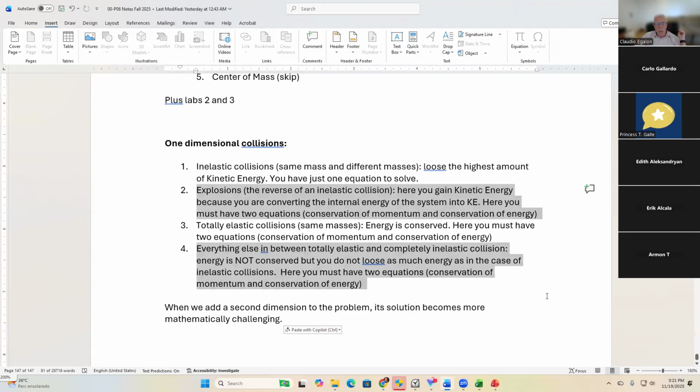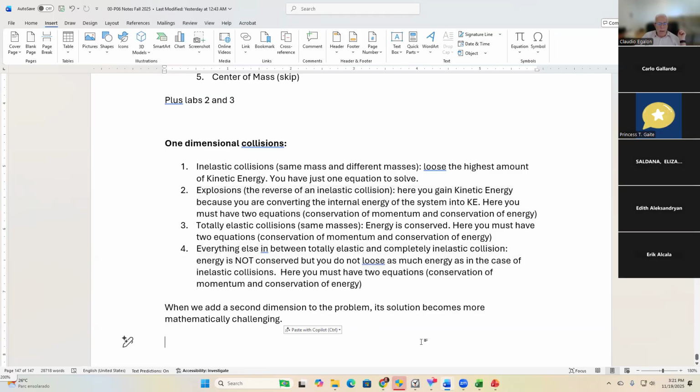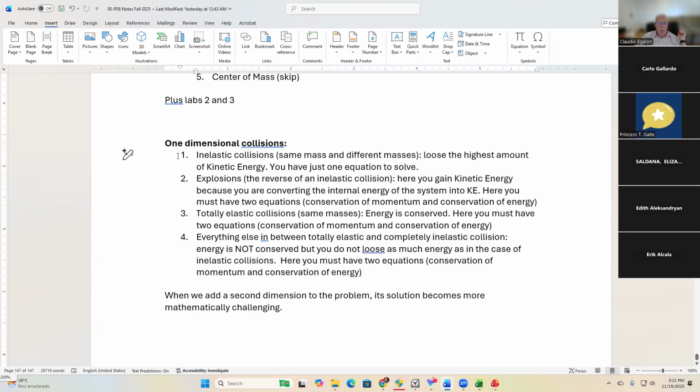You have to know the final mechanical energy and the initial mechanical energy. And now those are just 1-dimensional collision problems. When we add a second dimension to the problem, its solution becomes even more mathematically challenging. When I say mathematically challenging, I mean the number of equations that we are going to deal with.